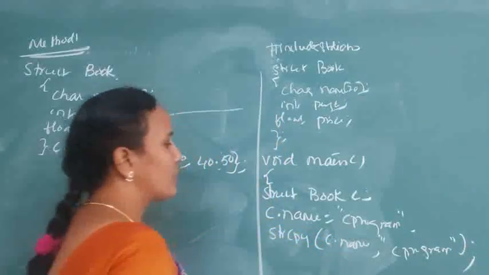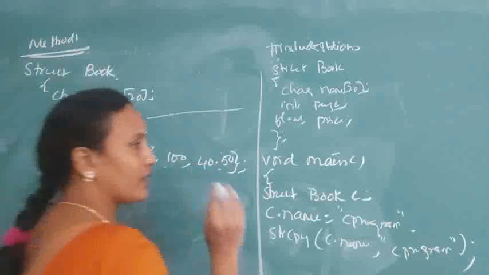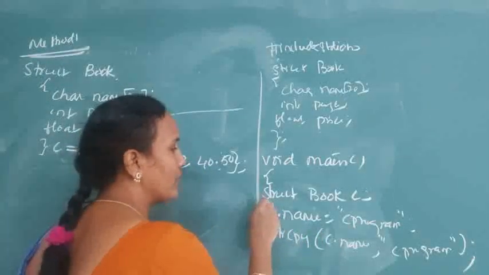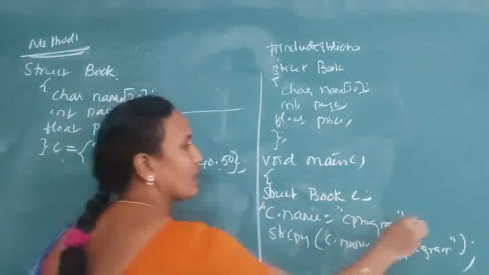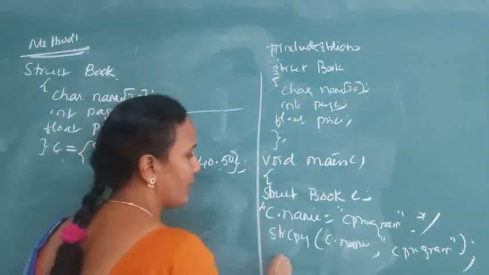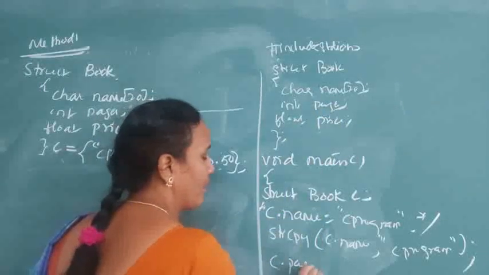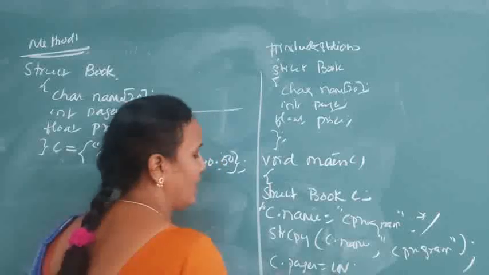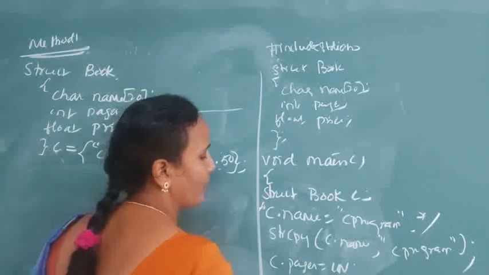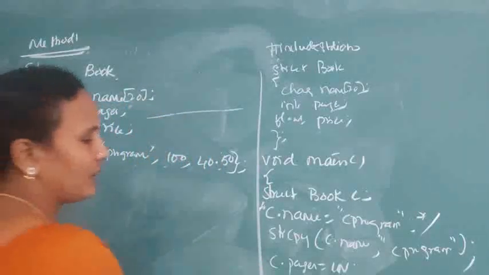Okay, so it is only in the case of strings. Now c.name, you put it in a comment line. Now name is over. Next c.pages, 100. Now c.price, for example 14.5.